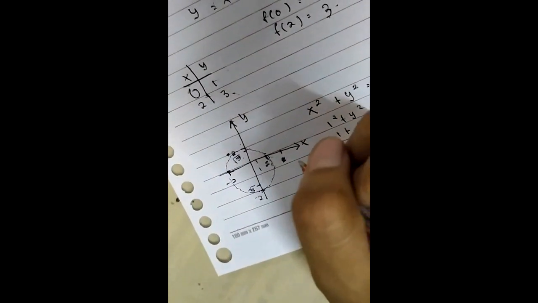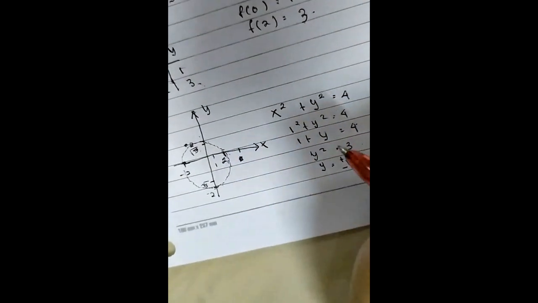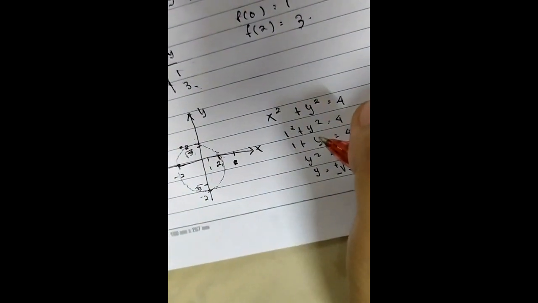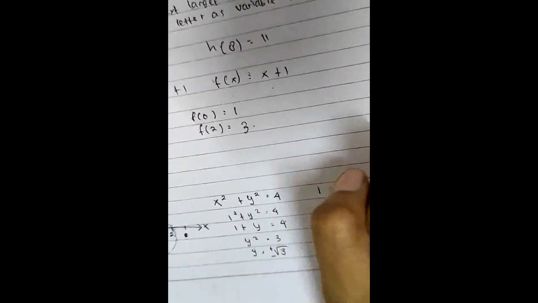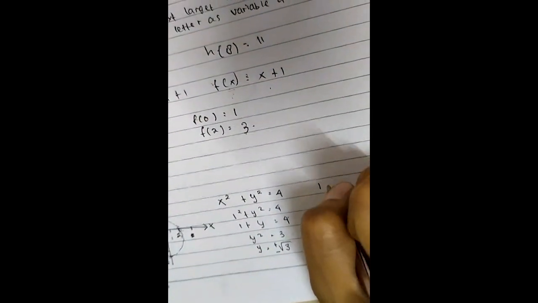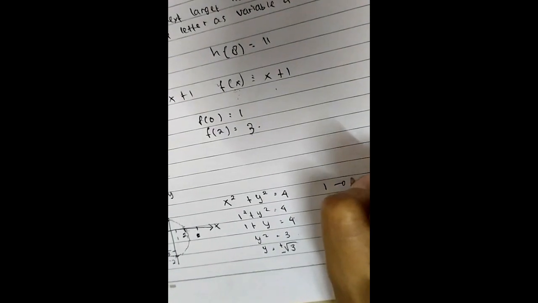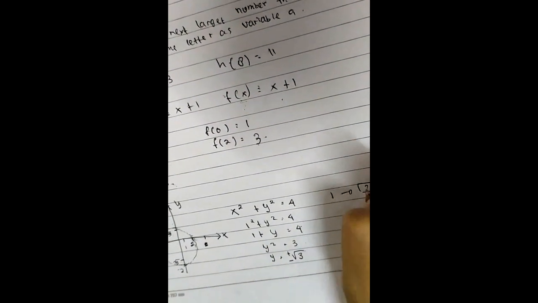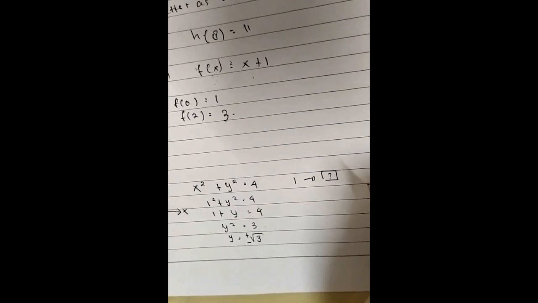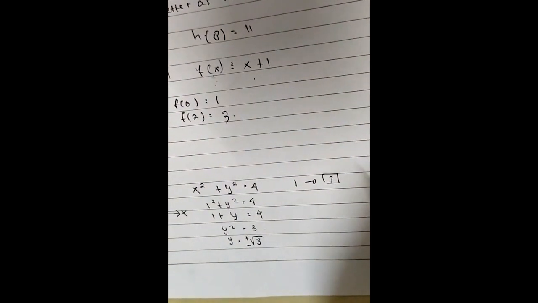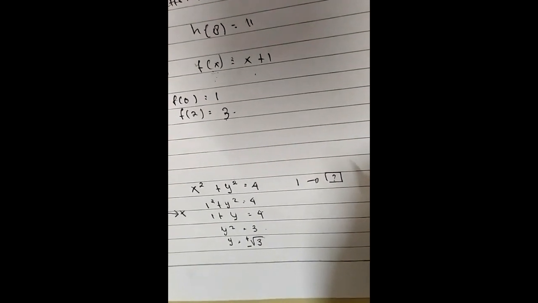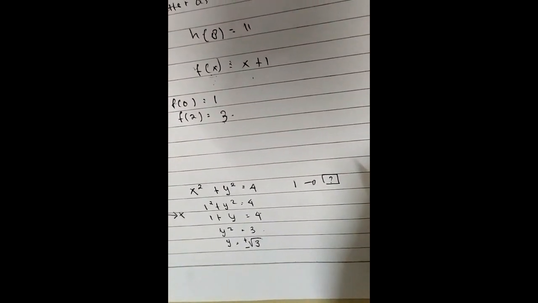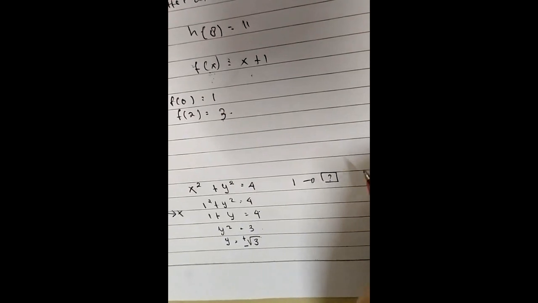So this is a situation, this relationship, where I input a 1 into my little box here. The 1 is associated with both a positive square root of 3 and a negative square root of 3.